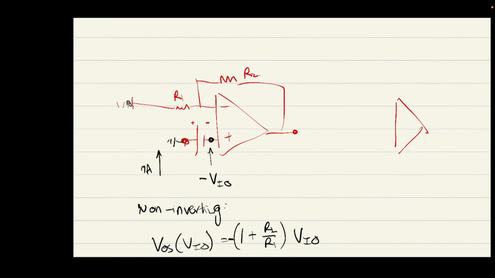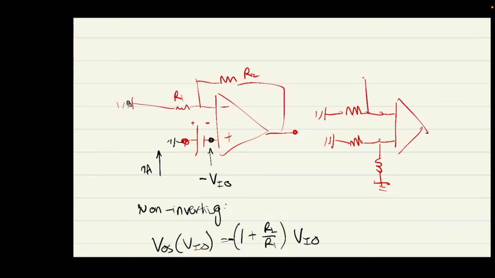Yeah, all good. Okay, so now let's look at the input bias current for the positive terminal. So I'll redraw the circuit. Okay, and now we're assuming that there is a finite current going into the positive terminal. So again, these resistors are in parallel, so I'll just draw them in parallel.